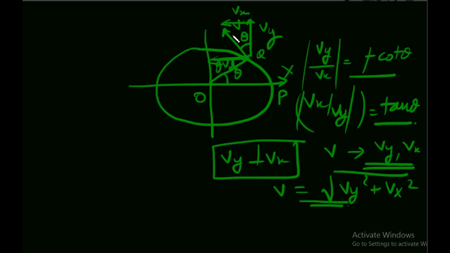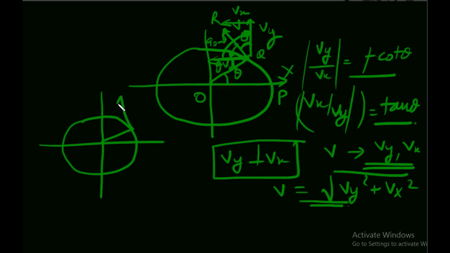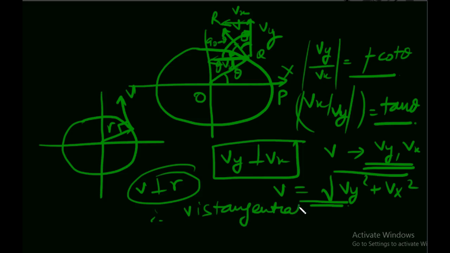So if this whole angle is 90 and this is theta, then this must be 90 minus theta, right? And this is theta, that means the whole angle OQR is 90. Now I have proved it. This is V. This means V is perpendicular to R, and hence V is tangential to the circle.